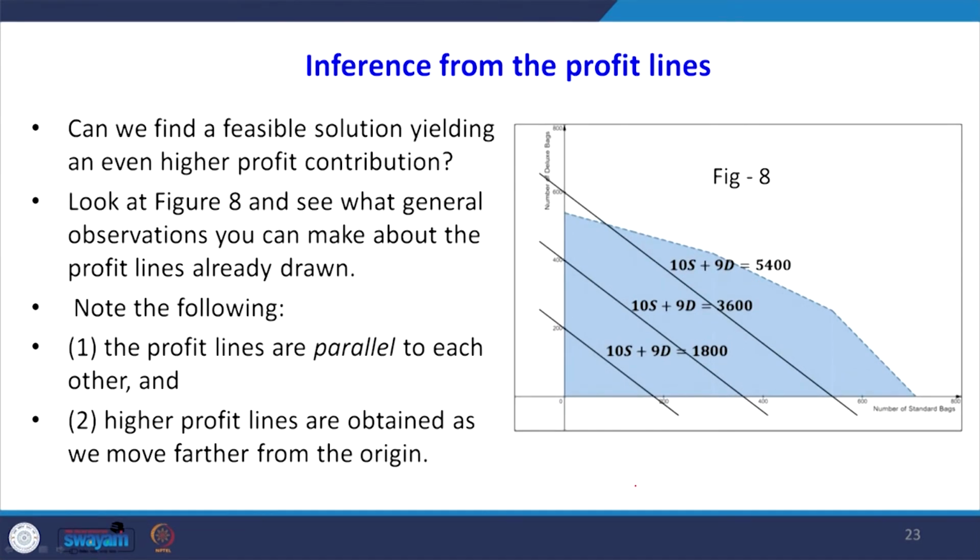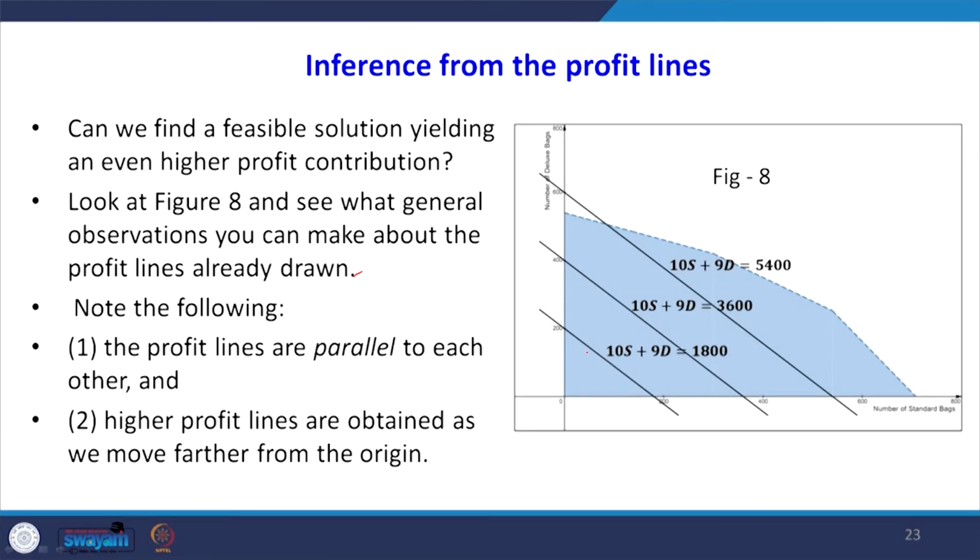Can we find a feasible solution yielding an even higher profit contribution? Please look at figure 8 and see what general observations you can make about the profit lines which are already drawn. There are 2 points. Point number 1 is that the profit lines are parallel to each other.